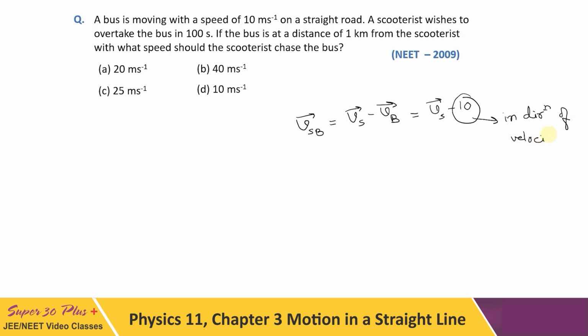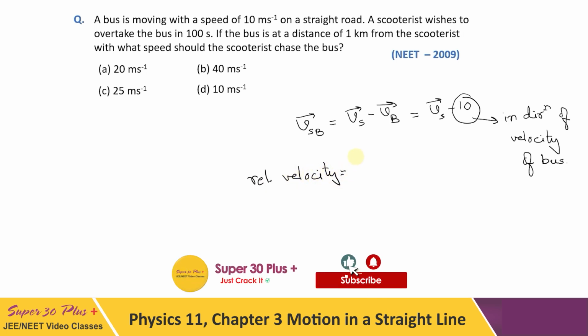Here, since we are dealing with 1D motion only, there is no need to put exactly the vector sign, only plus minus will do. Now what is relative velocity? Relative velocity can be written as relative displacement upon time span. So this will be relative displacement upon time taken.